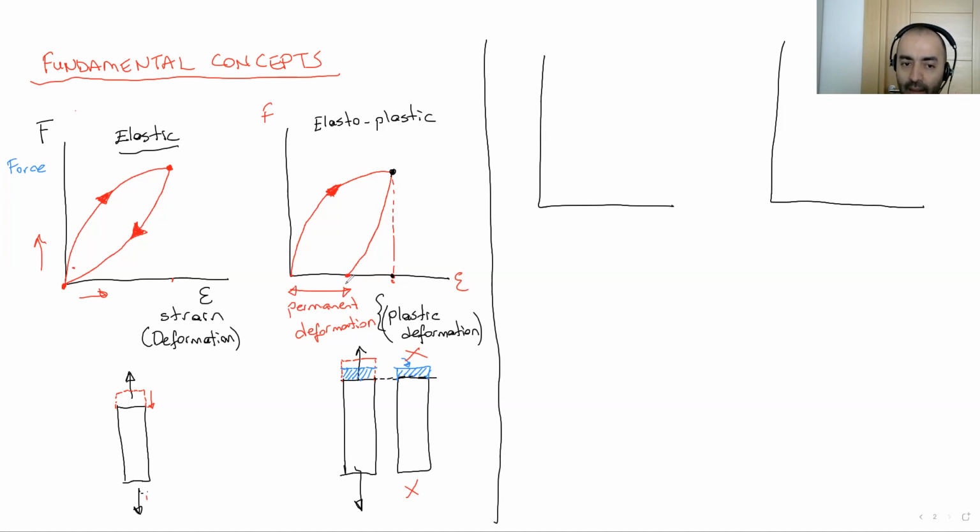Okay, we went back, but still there is a permanent deformation on my structural member. Elasto says, I went back a little bit. Plastic says there's a permanent deformation on the structural member. This is the elastoplastic member behavior.